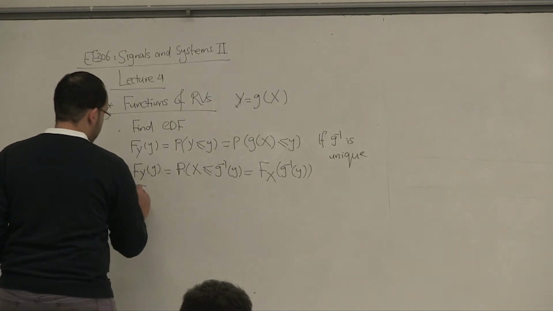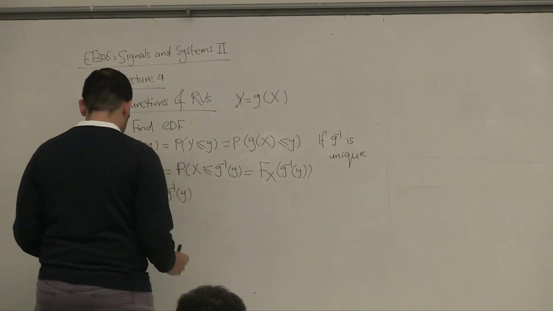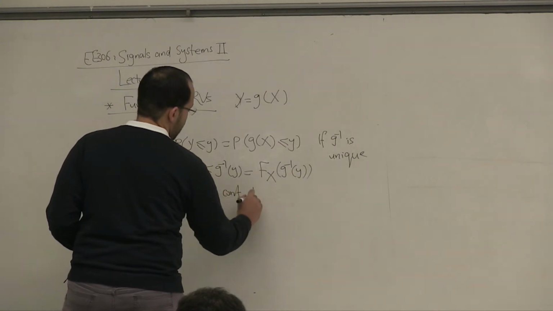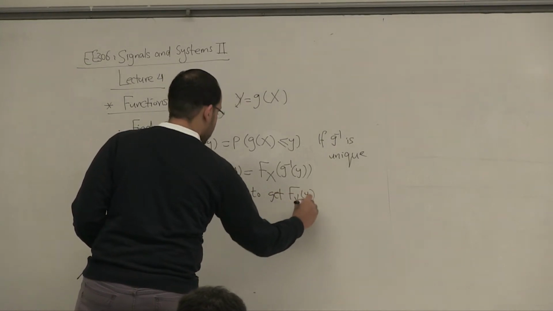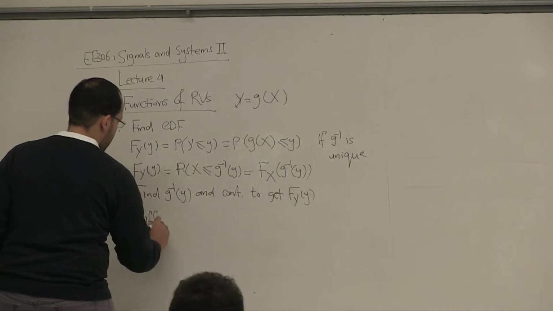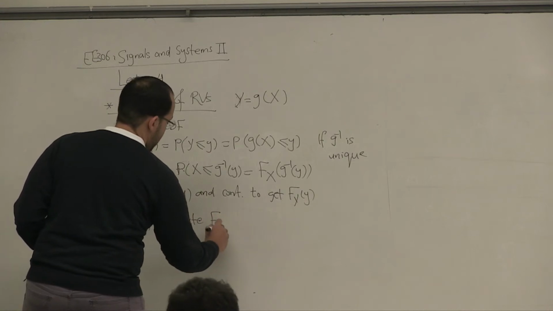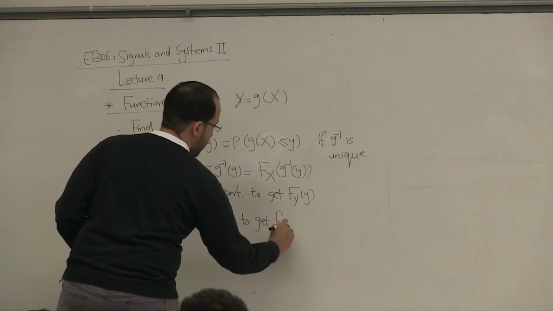And then find g inverse of y and continue to get Fy of y. And the last thing is to differentiate Fy of y to get small fy of y.